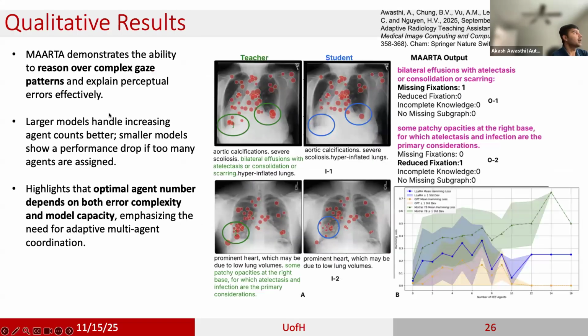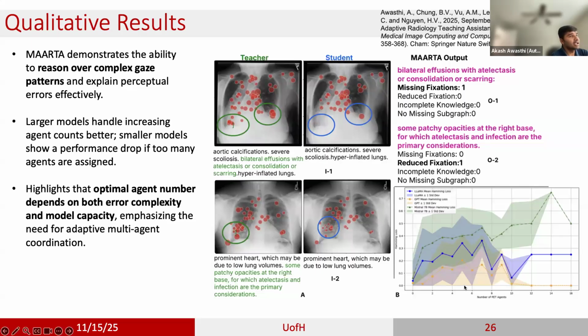We show some results here. MAARTA demonstrates the ability to reason over a complex case. You can see the student data and teacher data, and the model can tell that the missing fixation is in the region of the bilateral effusion, and that the student's fixations are missing here.